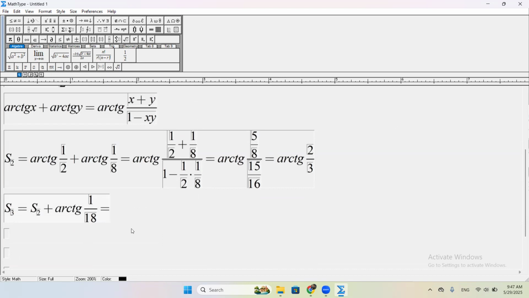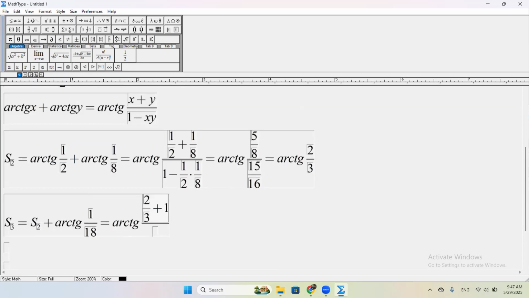So again, using this formula, arctangents of 2 over 3 plus 1 over 18, and here 1 minus 2 over 3 by 1 over 18. So what about the numerator?